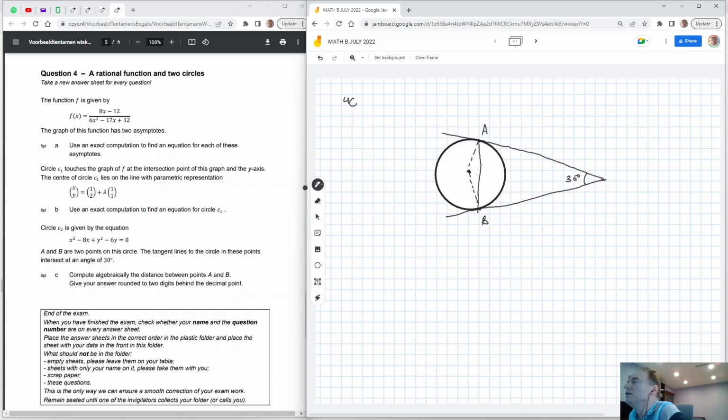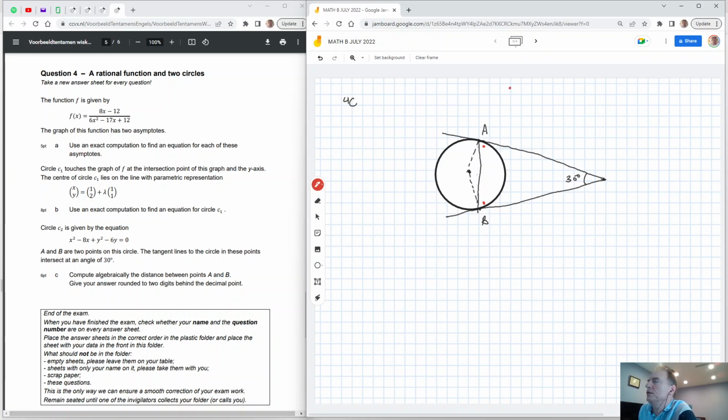Well, we know that the lengths from A to this intersection and from B to the intersection are the same. So it's an isosceles triangle. That means that these angles here, let's mark them here, these angles are the same.